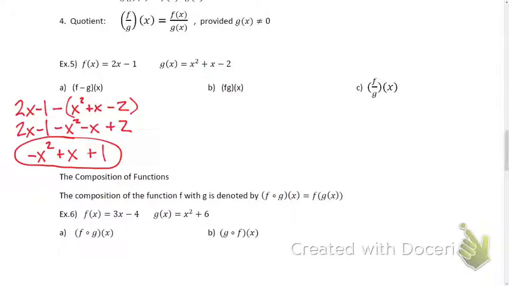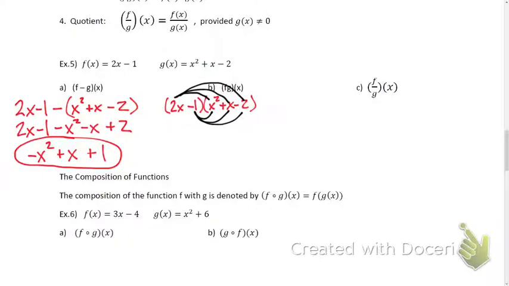For a product, please even more so use parentheses. And we need to distribute that. We're going to get 6 terms. And then 3 more down here.